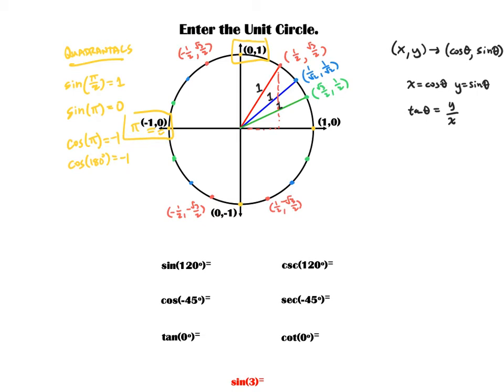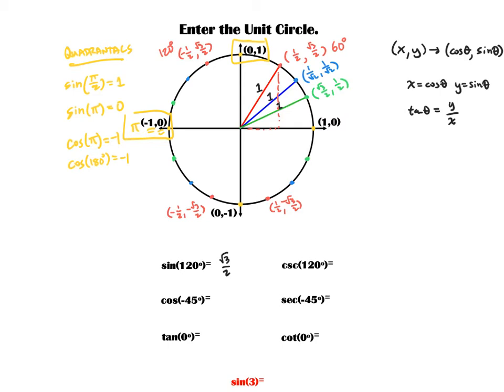So the sine of 120. Well, the sine of 120, first of all, you need to know your angle measures. This will be 60. This red will be 120, over here in quadrant 2. So the sine of 120 will be the y value there, which will be square root of 3 over 2. What about the cosecant of 120?